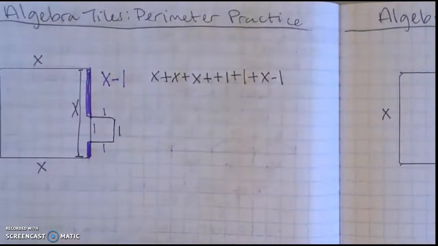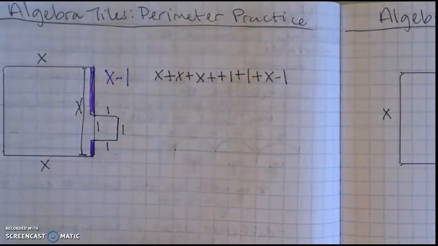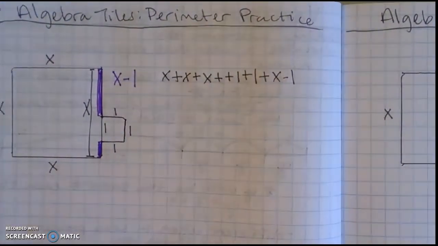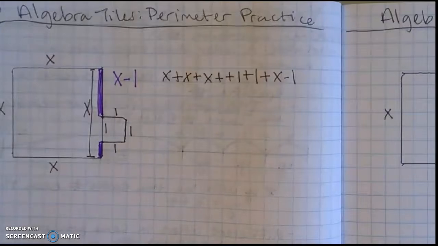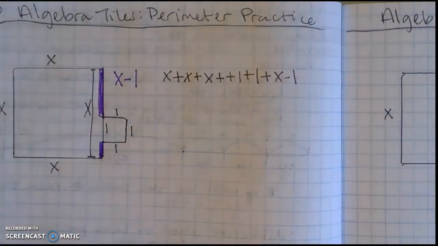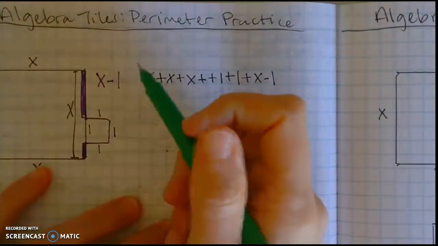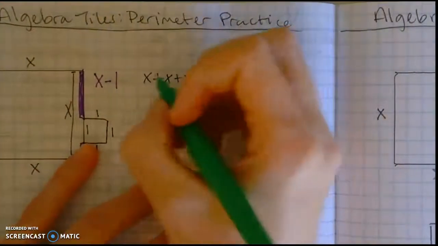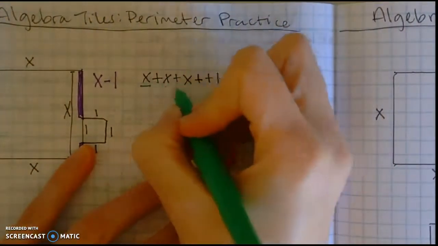Now, that's really long. I can't leave it like that. That's too confusing. So I need to combine like terms. That means to put together the things that are similar. So I'm going to get some different colors so I don't confuse us here. I'm going to grab my blue and my green. And so I'm going to underline all of my X's, just straight X's, in green.